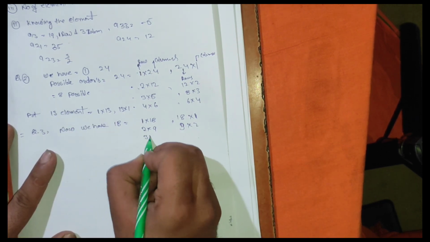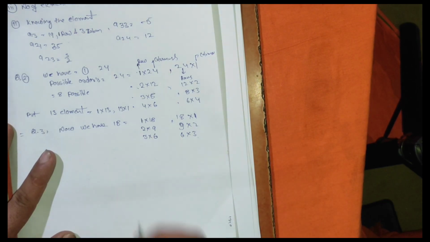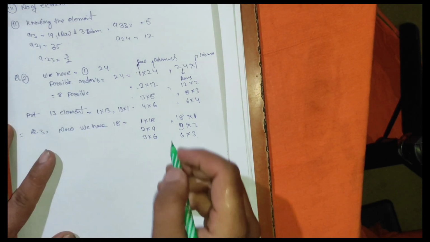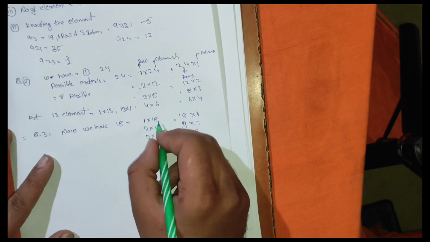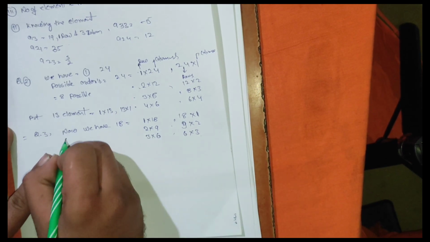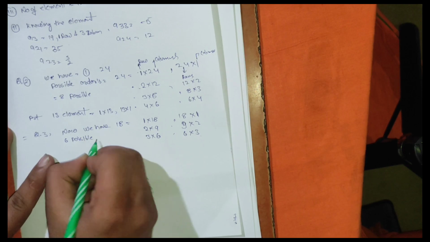Similarly, 3 by 6 and 6 by 3. Are there any other possibilities? I think nothing. So here we have 6 possible orders.